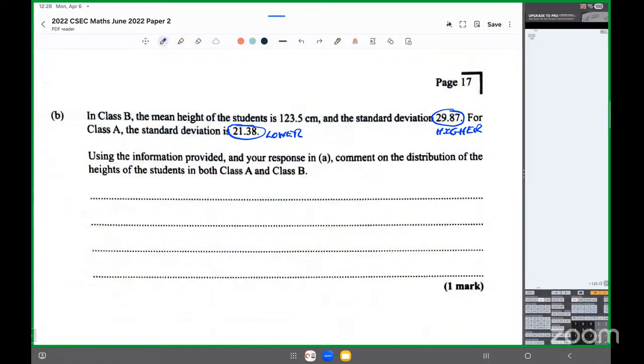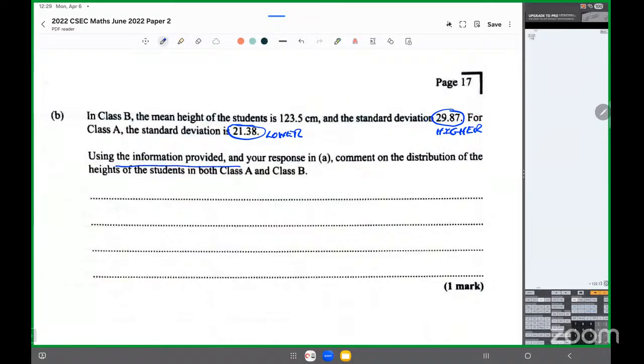It means that when the standard deviation is low, the heights of the students are relatively close to one another. In this class, where the standard deviation is higher, you might have some very short people and some very tall people. In this class, when the standard deviation is less, it means that the heights of the students are not so wide. The heights of the students tend to be closer to each other. That's what it means. The spread is not very wide, and not as wide as this one.